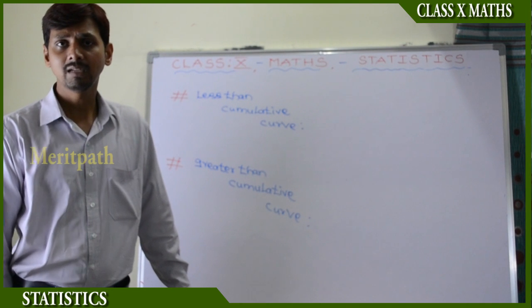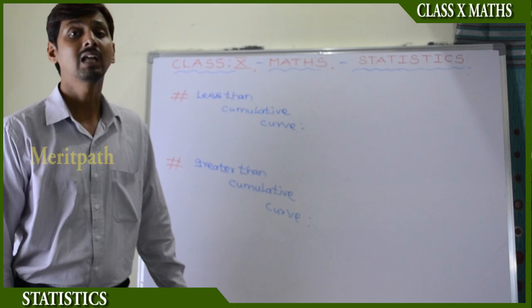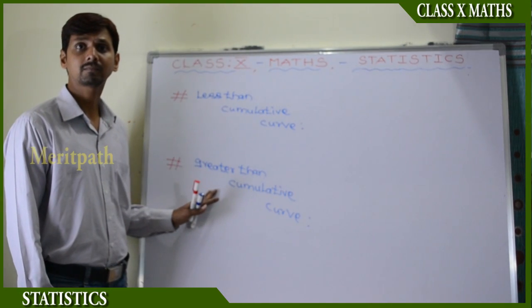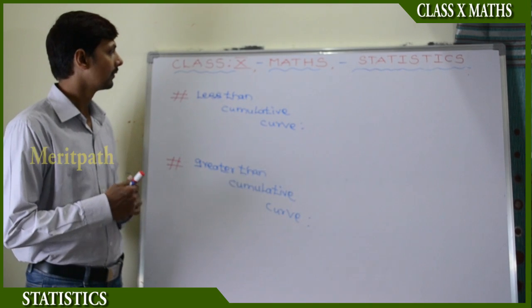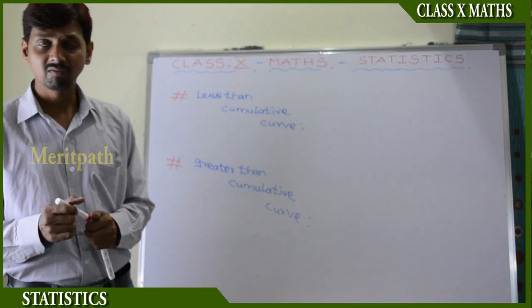Then we'll join all the points, and we'll get a curve. That curve is called the greater than cumulative frequency curve.